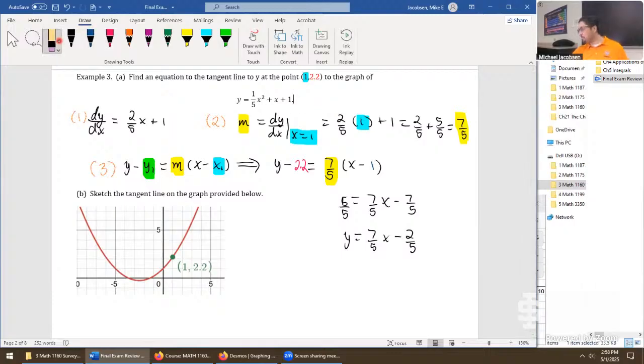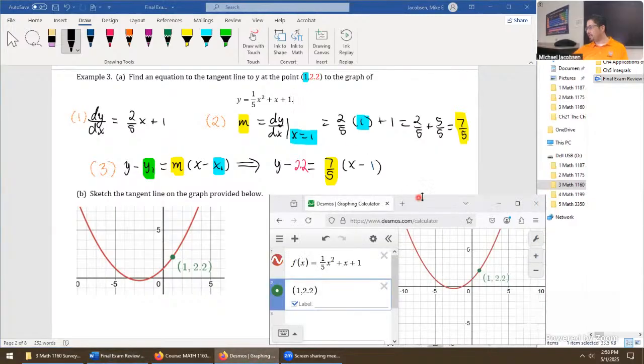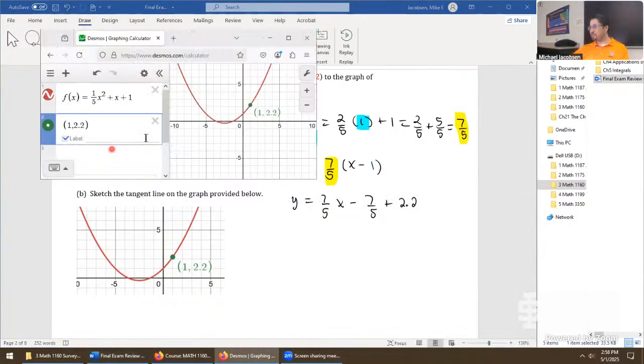Well, let's complete the fix on this one to y equals 7/5 x minus 7/5 plus 2.2. Let's throw that into a calculator now that we have some more awkward numbers to look into. So -7/5 plus 2.2 gives us a 0.8 right here for the intercept.